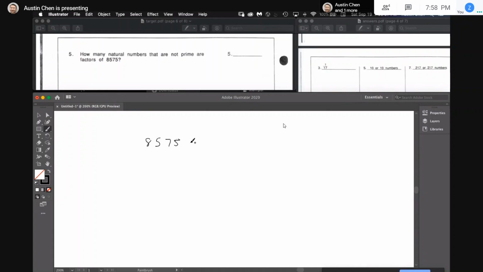Okay, how are you going to do this? Well, you can prime factorize them and then just take away one from each factor.